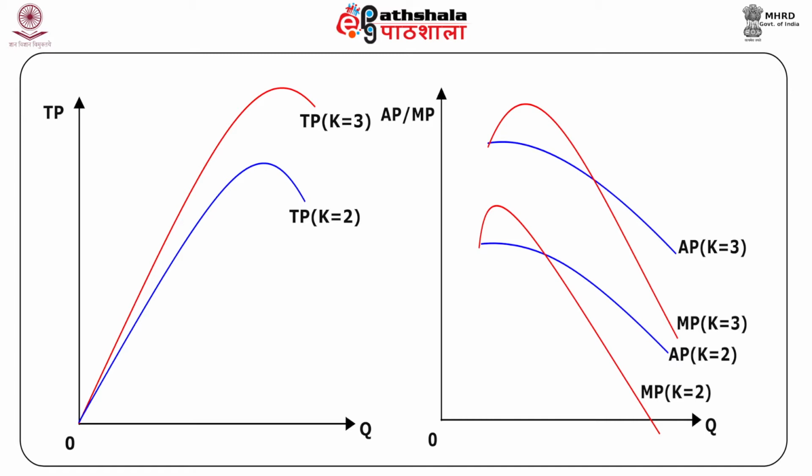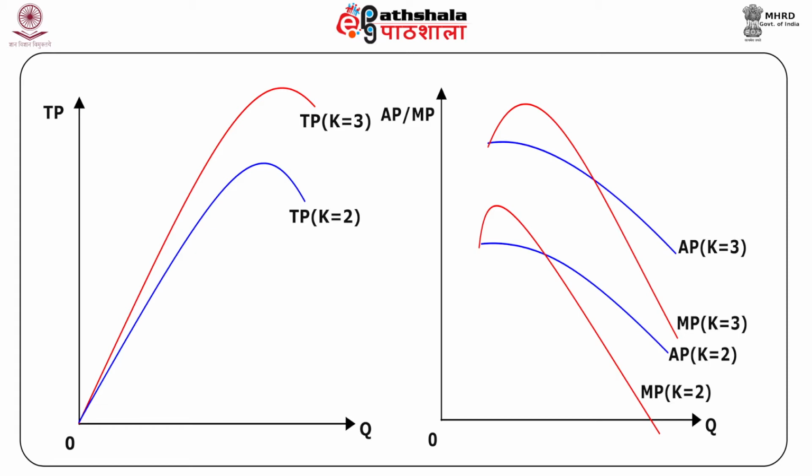This is given in Figure 1a. In this case, the associated shifts in the average product and the marginal product curves are depicted in Figure 1b. Figure 1a and 1b. Shift in total product, average product and marginal product curves when capital changes.